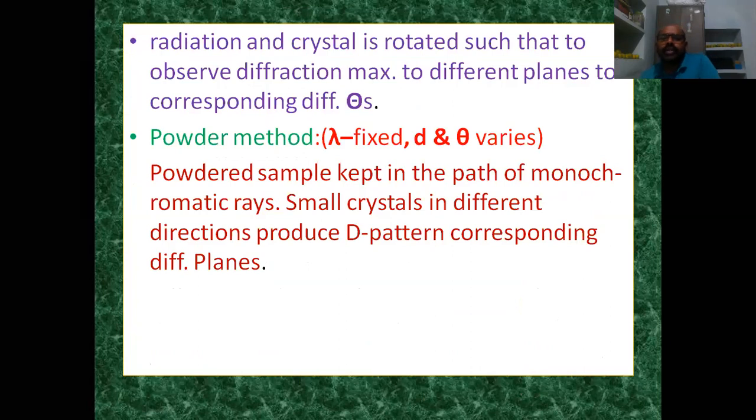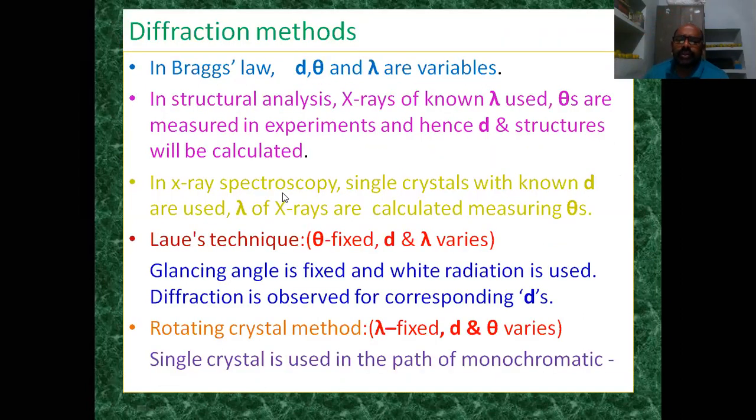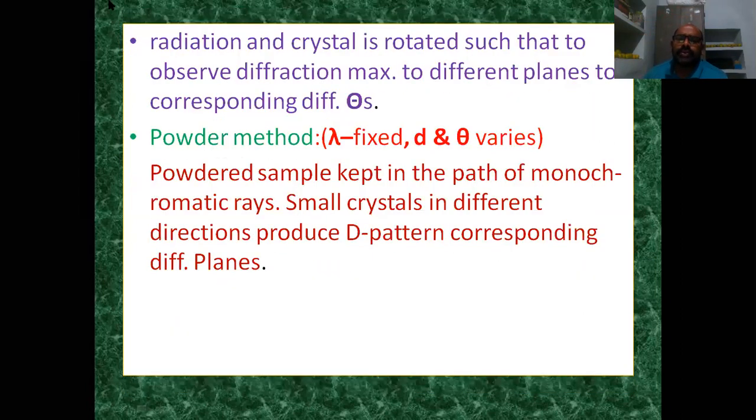Whenever we rotate the crystal, the glancing angle changes. So corresponding to those angles, the planes which obey Bragg's law, for those planes only, we observe the diffraction pattern. In that way, by measuring thetas and substituting in Bragg's law, we calculate the interplanar spacing.